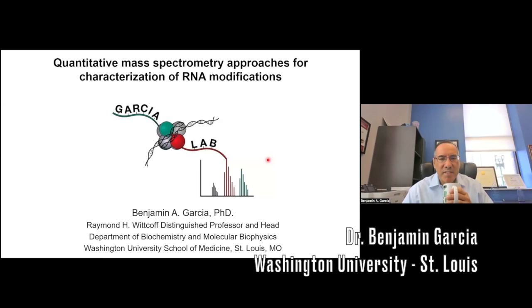So hopefully some of the things that I'll show you might add on top of all the great work that's already been discussed. I do want to spend part of my time discussing global mapping of mononucleosides, and then work our way up to some of the efforts that we've been doing for sequencing RNA oligonucleotides as well.